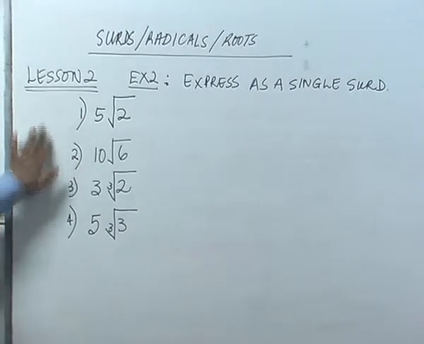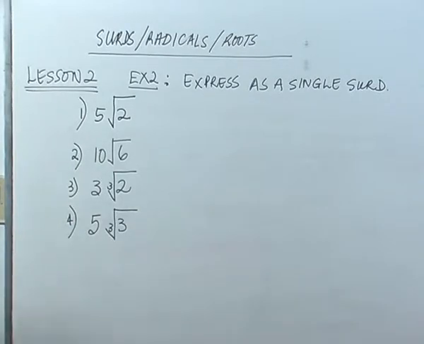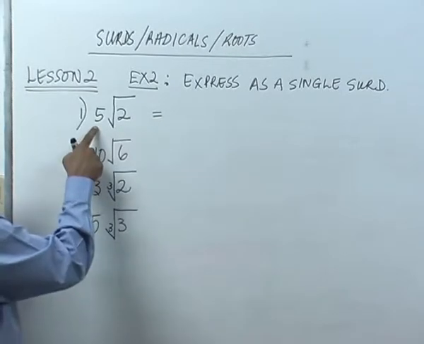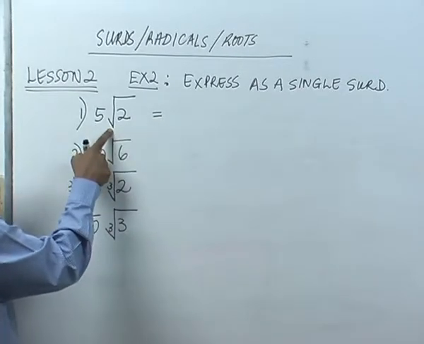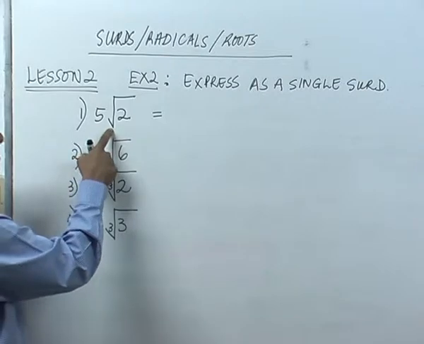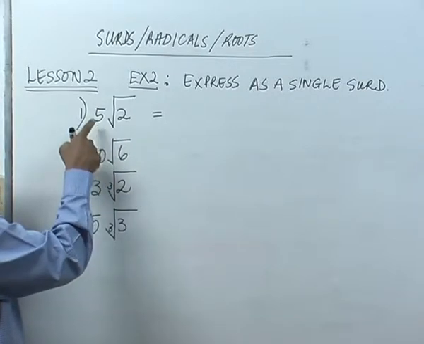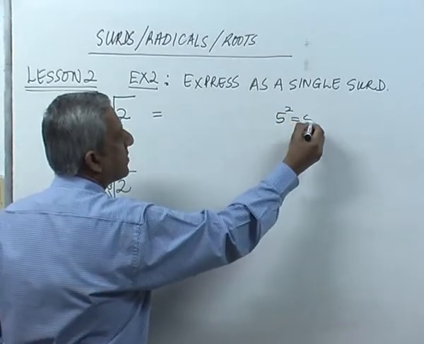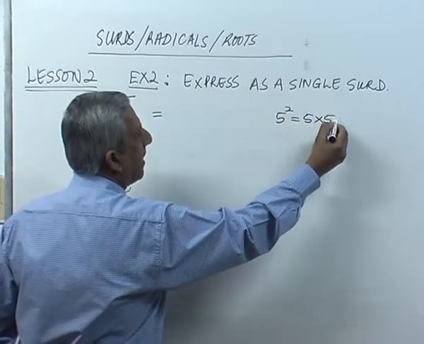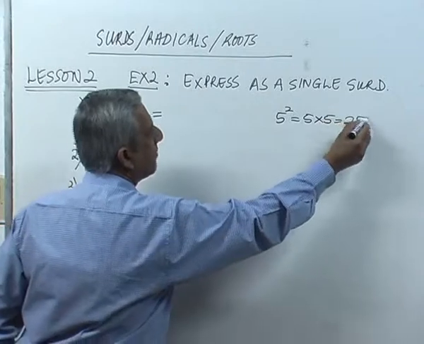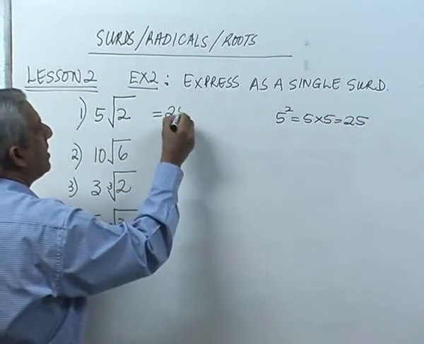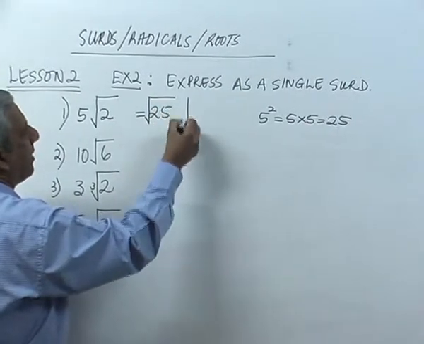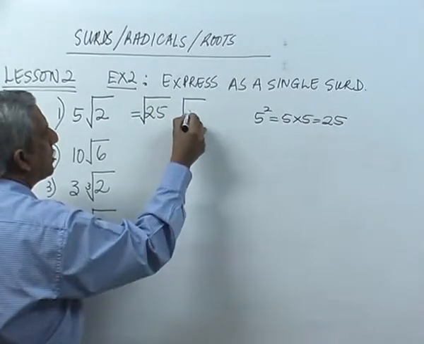I hope you tried this exercise. Alright, let's mark them. So, the first one involves a square root. Therefore, I will take the 5 and square it, which means 5 times 5, and I get 25. So that's why I will write 25 here and put a square root sign on top of it, and then I've got 2.